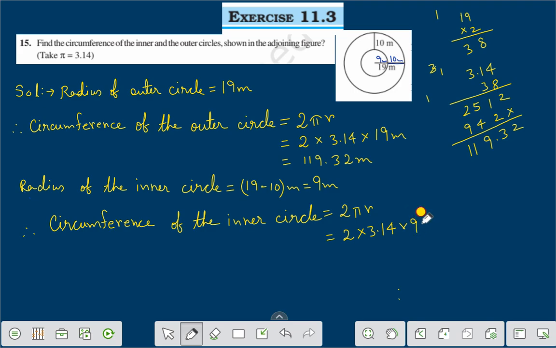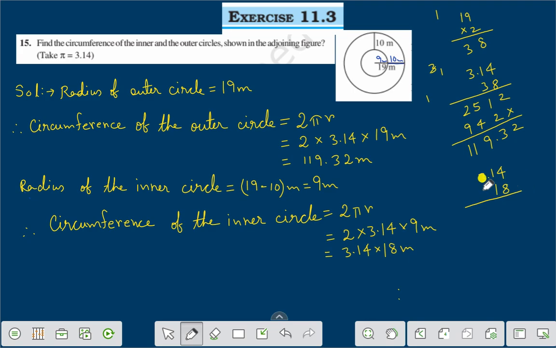Here you can see that 3.14 into 9 into 2 is 18 meter. If we multiply this, that is 3.14 multiplied with 18.